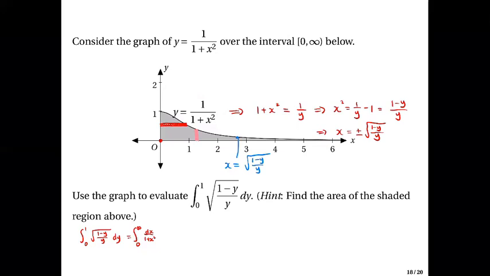So again, this guy here is equal to the area of the shaded region, but you are using horizontal strips. Look at this, the horizontal strip here will run from 0 until 1.